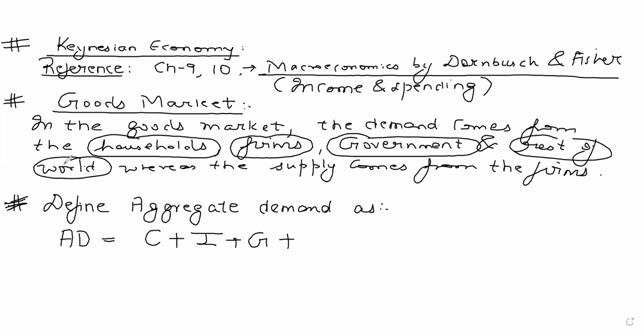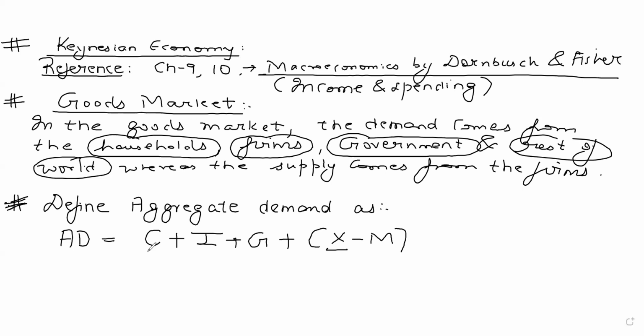Foreigners buy our goods, which we call exports, but we also buy foreign goods, so we subtract imports. Now, why am I adding exports? The reason I'm adding exports is because it is the demand for our goods by the foreigners. Why am I subtracting imports? Because it is the demand for foreign goods by us.